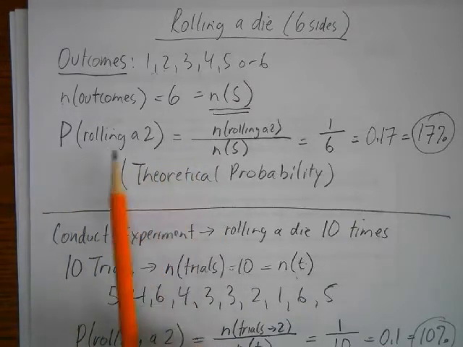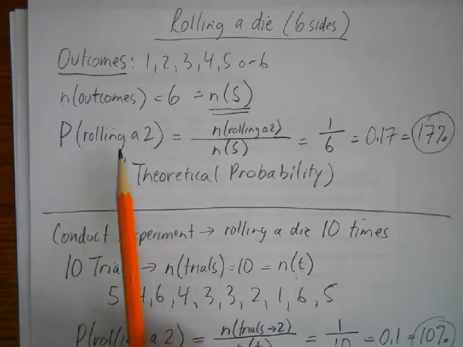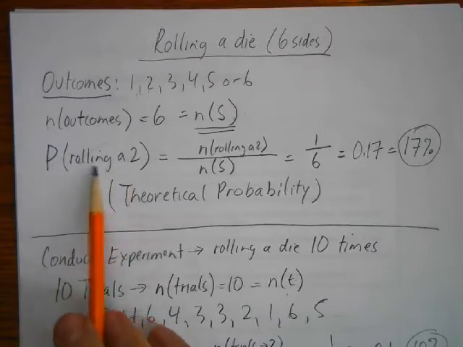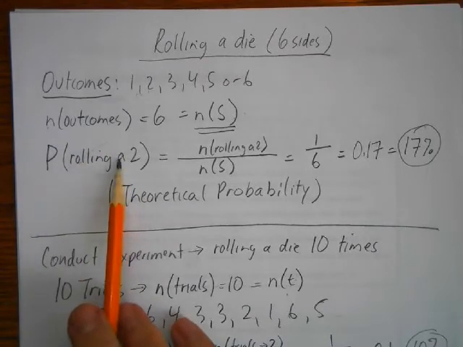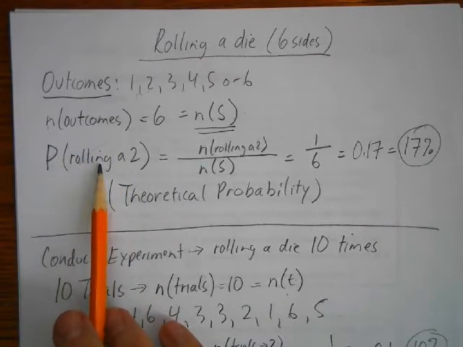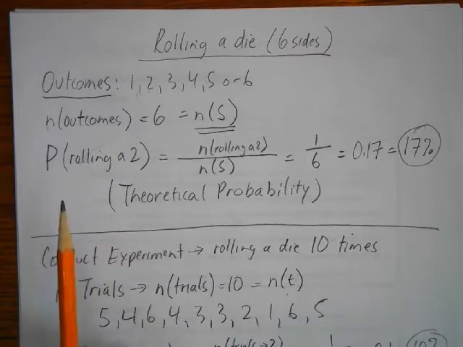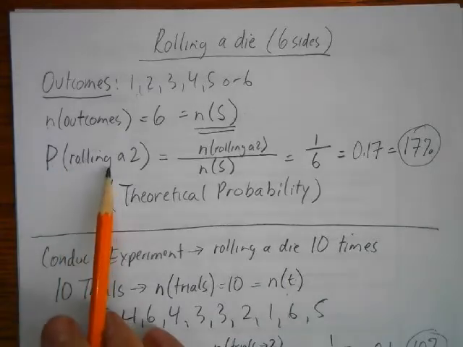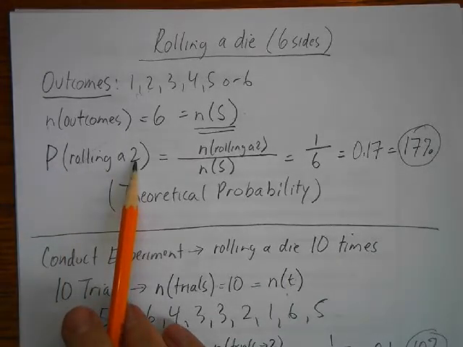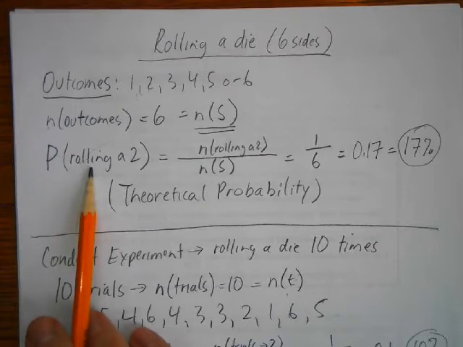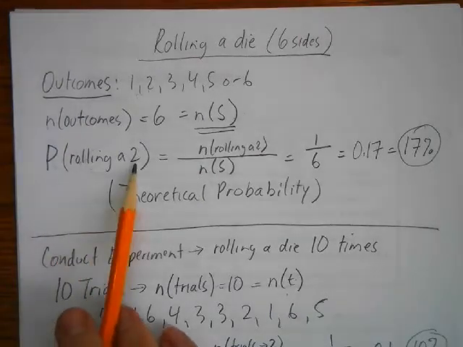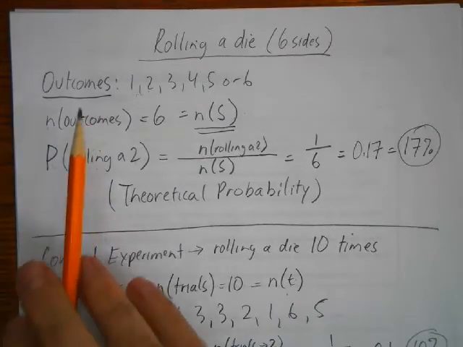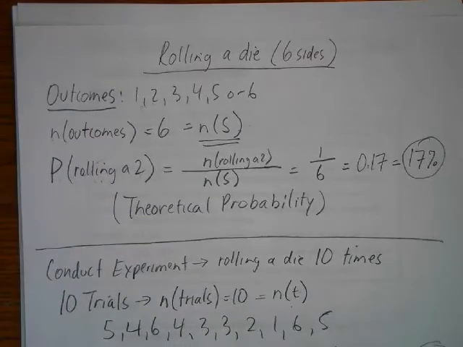Well, that's a real mouthful. You don't want to have to write that over and over and over. So what we do is, instead of rolling a 2 as what we're getting the probability of, we could actually define an event. Now the event would be, we just give it a capital letter. We might say the event A is equal to rolling a 2. So later on, when we get down to this part, instead of saying probability of rolling a 2, we would say probability of A, capital A, which is defined earlier on as rolling a 2.